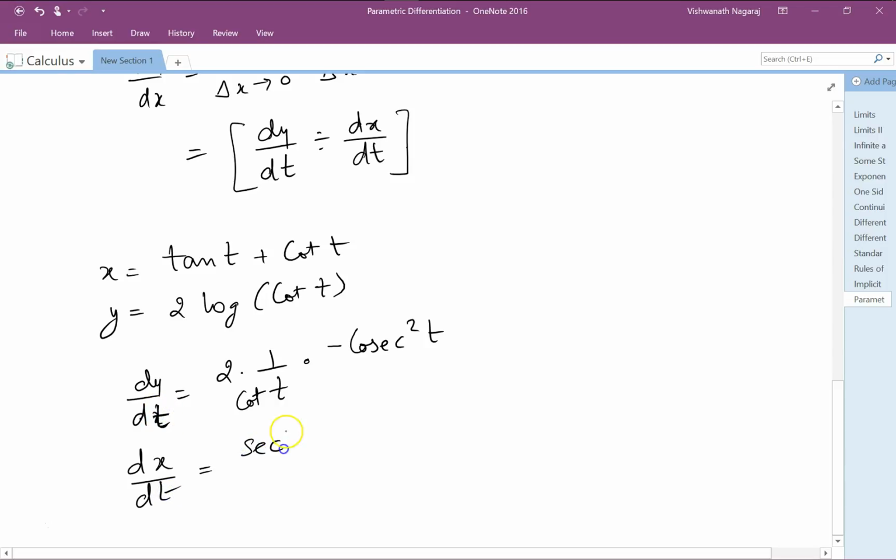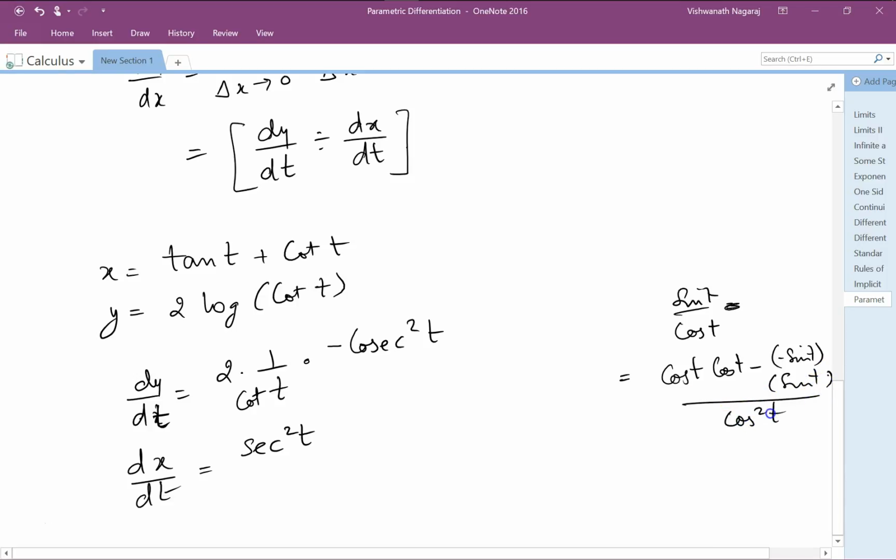Now dx by dt. The derivative of tan t is sec square t. Again, if you don't remember, you can very quickly derive it. Say tan t is sin t by cos t. Remember, this is a quotient, so the quotient rule will apply. The quotient rule says: cos t times the derivative of sin t, which is cos t, minus sin t times the derivative of cos t, which is minus sin t, divided by cos square t.